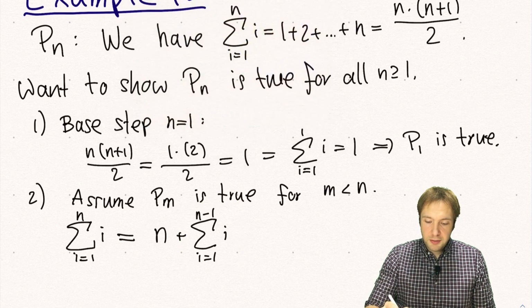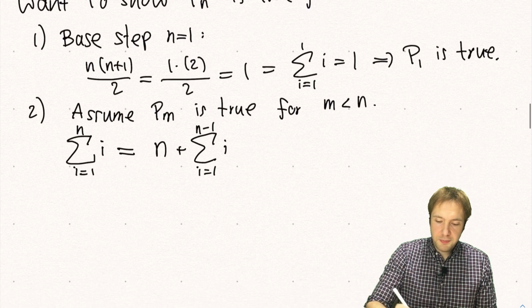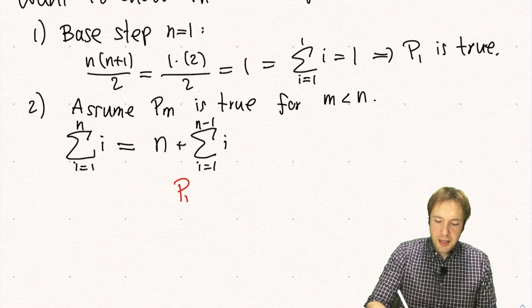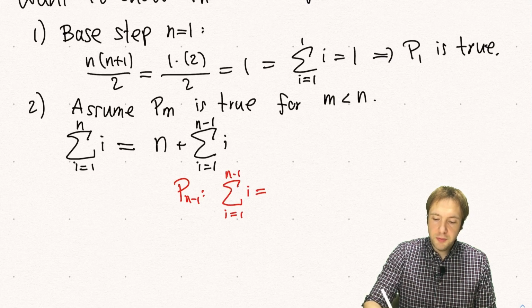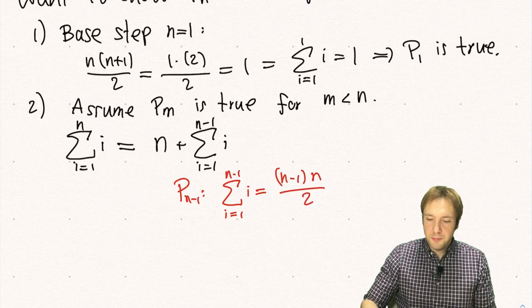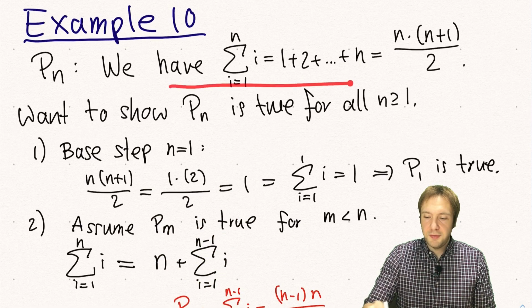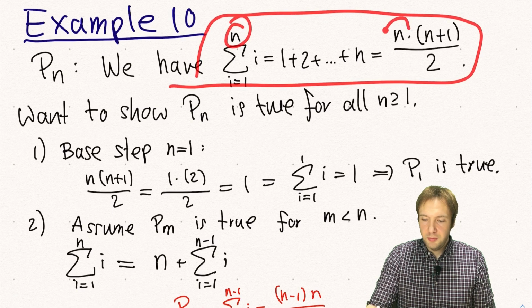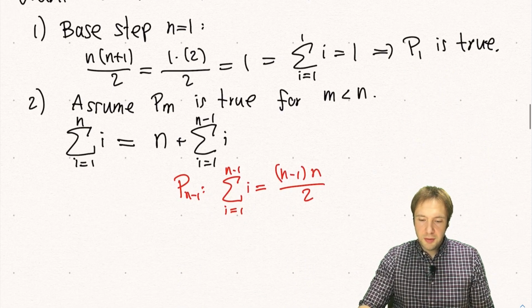So we know here, so the statement Pn minus 1 is that the sum i goes from 1 to n minus 1 equals n minus 1 times n over 2. Because this is just a statement here with n going to n minus 1.